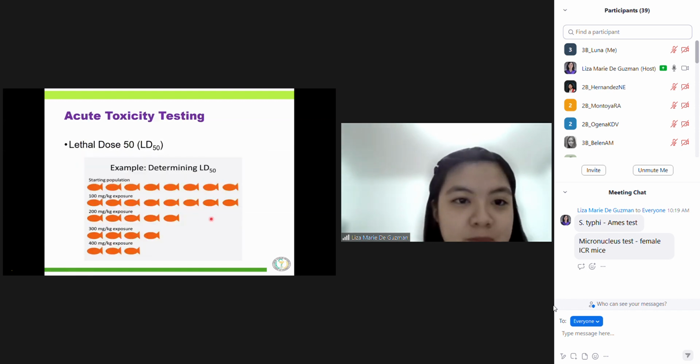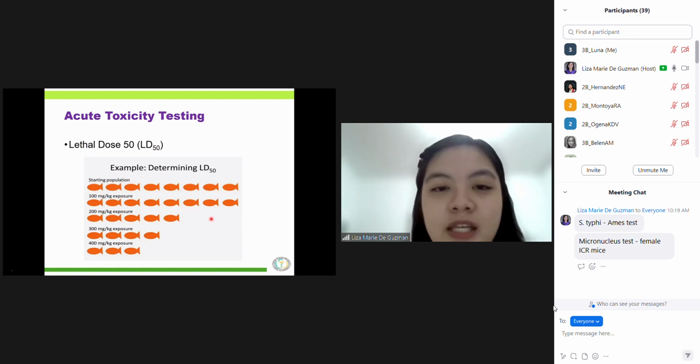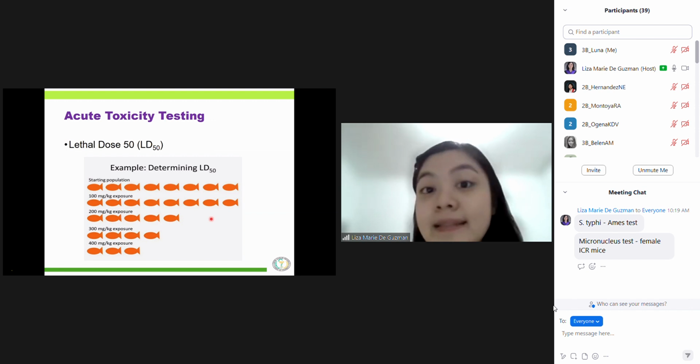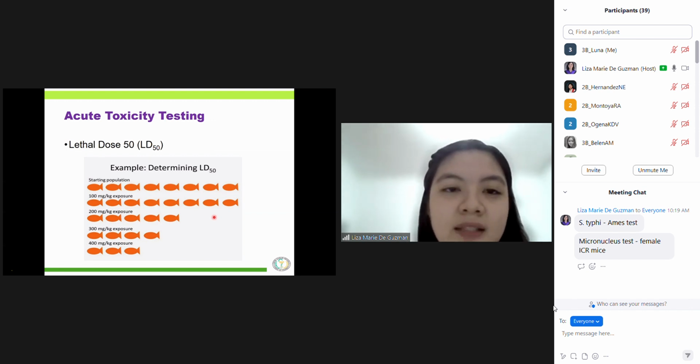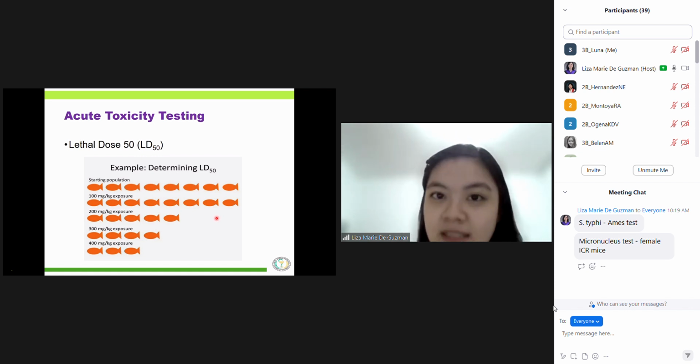Okay, next would be one of the procedures in acute toxicity testing, which is to determine the lethal dose 50 or the LD50. When we say LD50, class, this is actually the dose or concentration that is expected to kill half of the test animals.